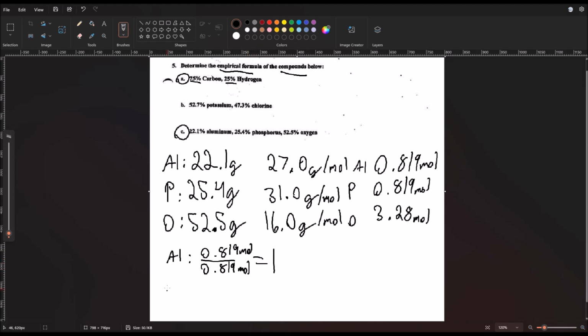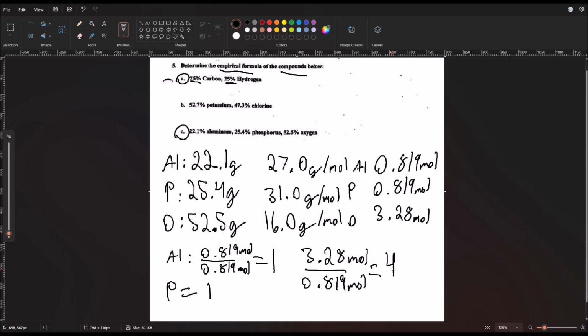And then intuitively, phosphorus is going to be the same thing, 1. Now let's look at oxygen. So we have 3.28 mole, and we're dividing by 0.819 mole. And that is going to give us something that is very, very close to 4.